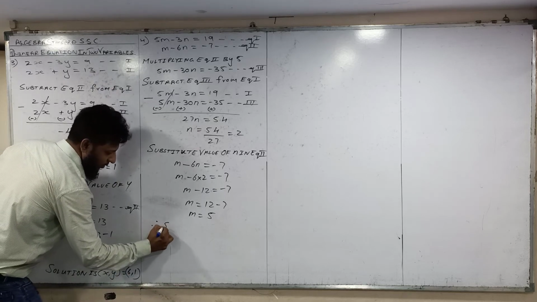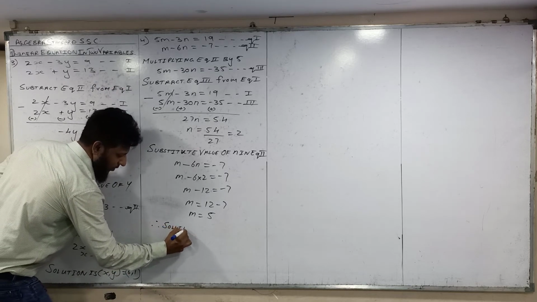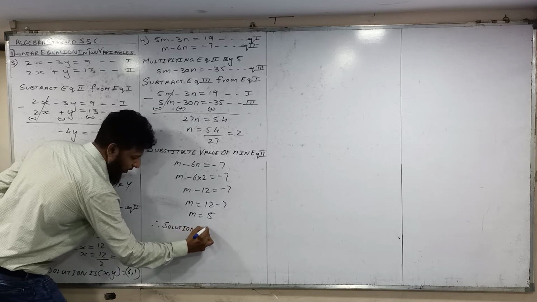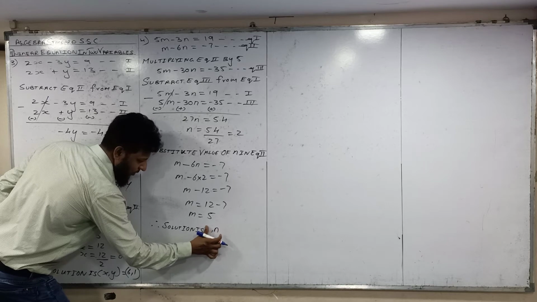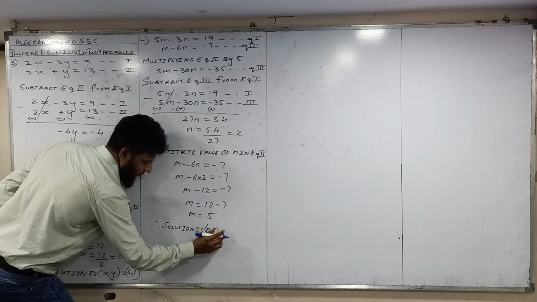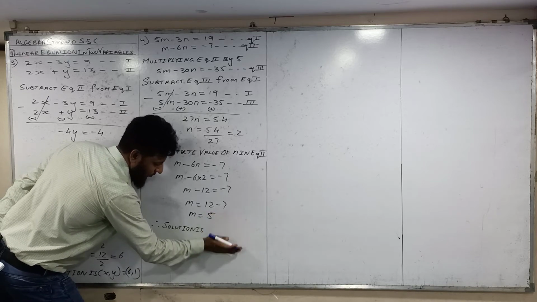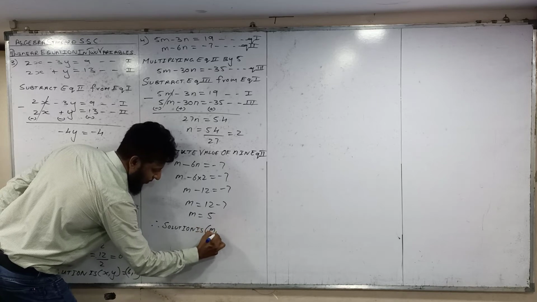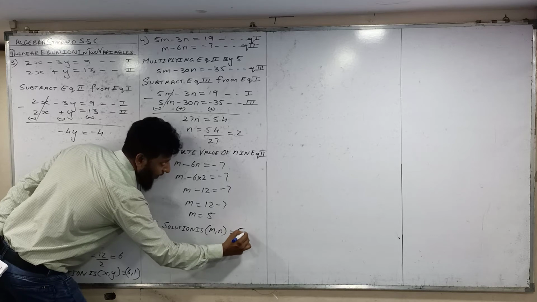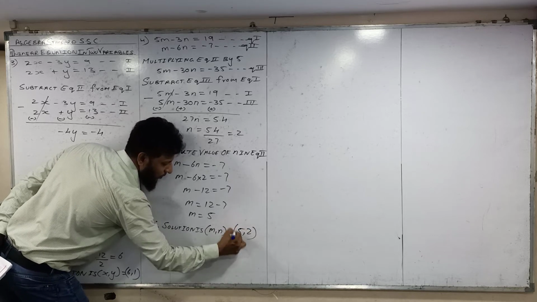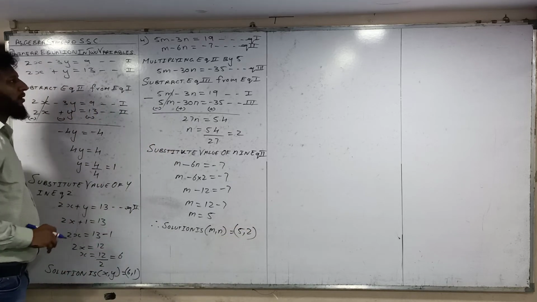Therefore, the solution mn is equal to: m is 5 and n is 2. So this is our solution.